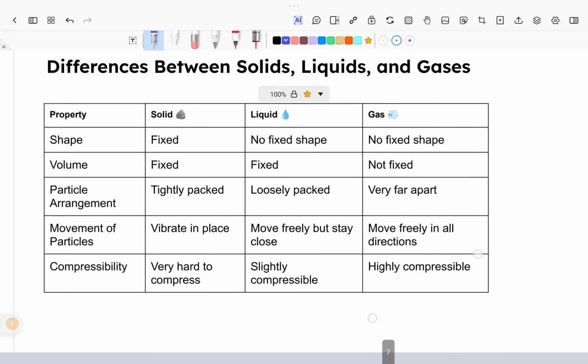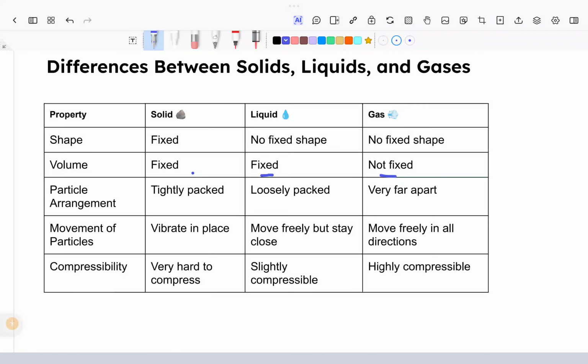Now here I have summarized the difference between solids, liquids and gases. When it comes to shape, solids have a fixed shape, liquids have no fixed shape, whereas gases also have no fixed shape. When it comes to volume, solids have a fixed volume, liquids have a fixed volume, whereas gases do not have any fixed volume.